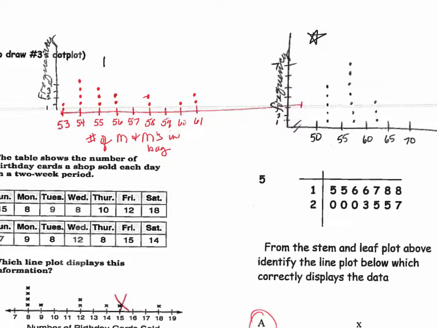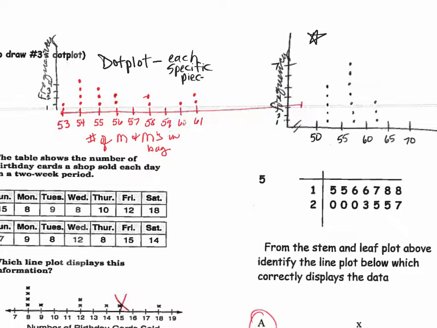Technically, your dot plots by name should be a number, a dot for each specific piece of data. So technically, your dot plot should show you each specific piece of data, not the range. Okay?